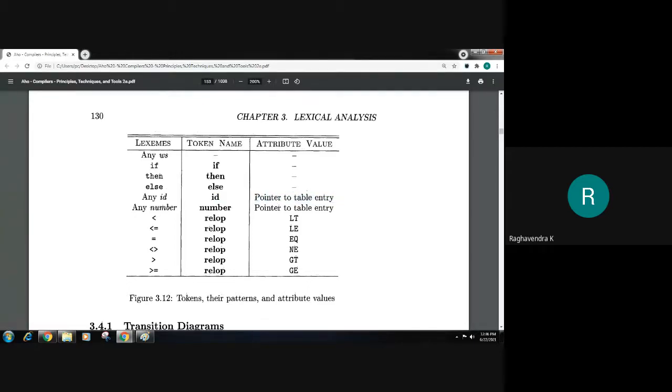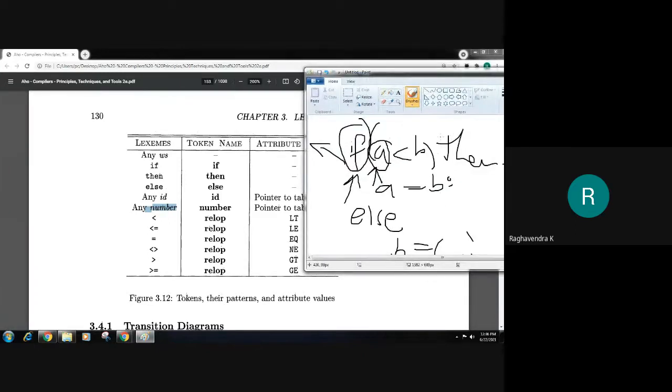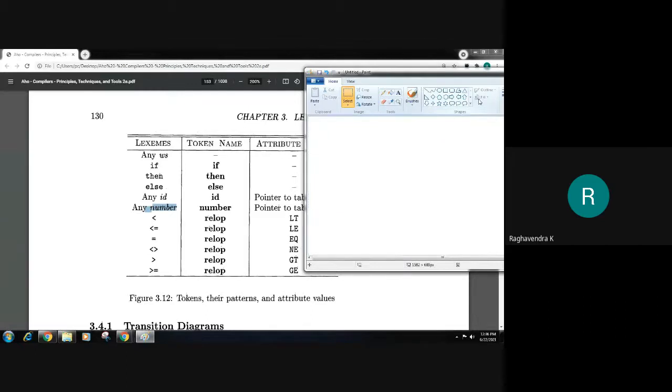So you will be passing the pointer to the symbol table as an attribute value. The same thing goes for any number that you see. Do you have any number here? We don't have any number in this statement. So we will simply pass the identifier values.